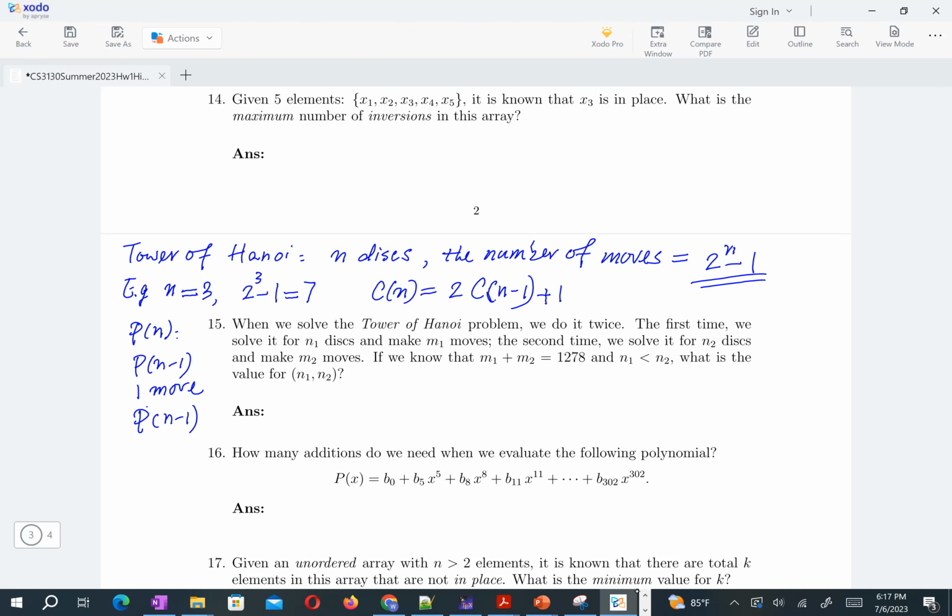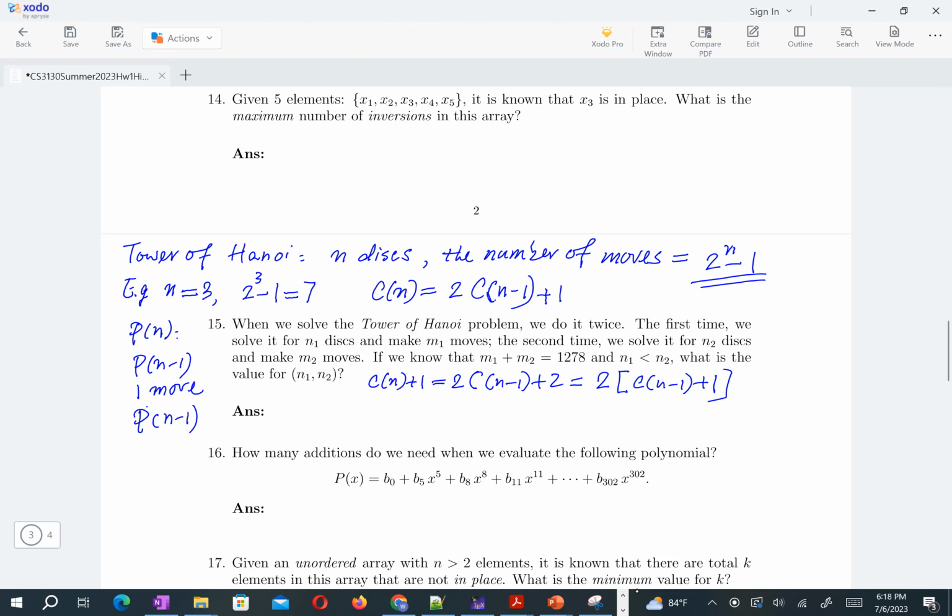So by adding 1 to both sides, the left-hand side will be C of n plus 1. The right-hand side will be 2 times C of n minus 1 plus 2. We can factor that 2 out as a common factor: C of n minus 1 plus 1.